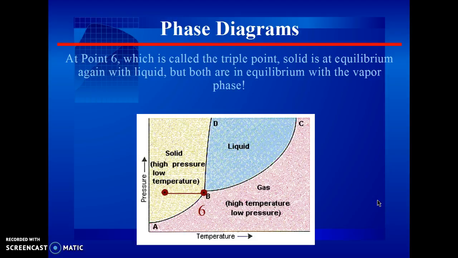Here, the solid is at equilibrium again with liquid, but both solid and liquid are in equilibrium with the vapor phase. You have all three phases in equilibrium at the same pressure and temperature.